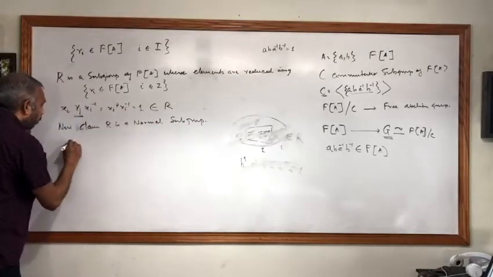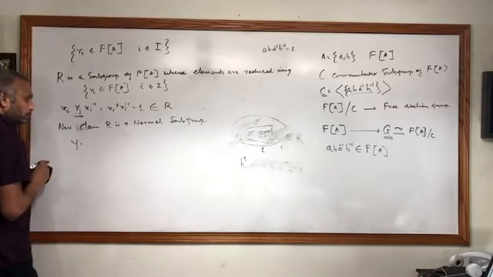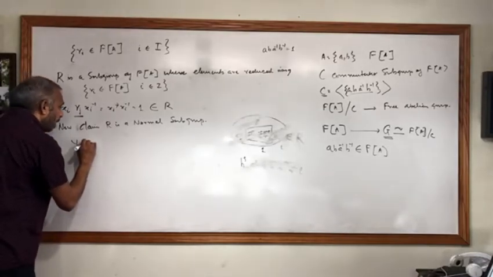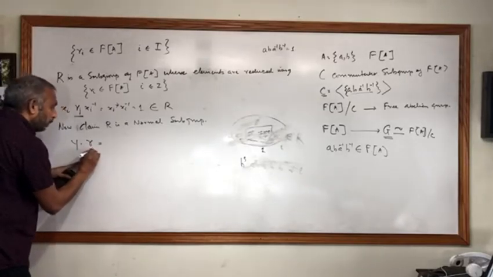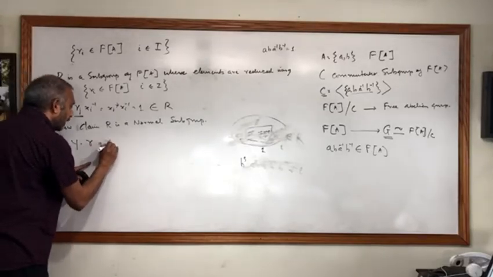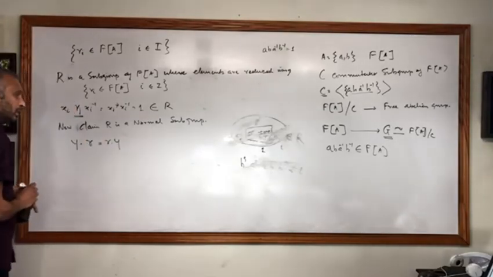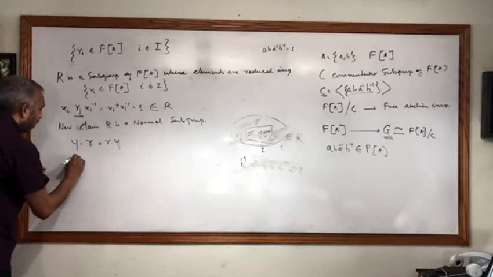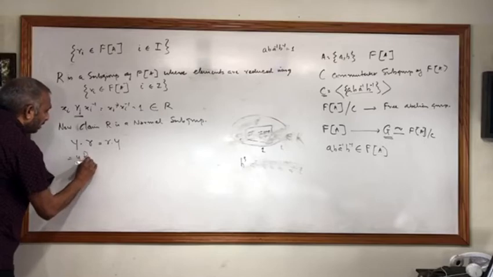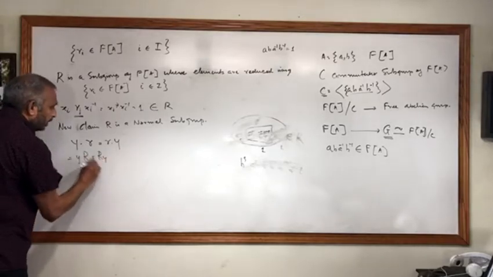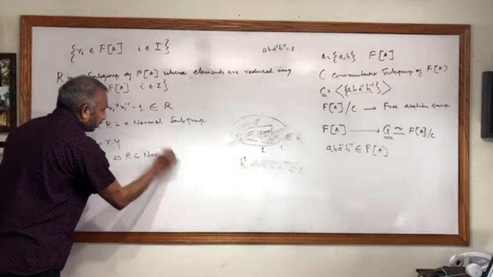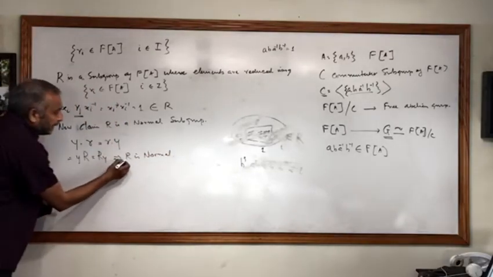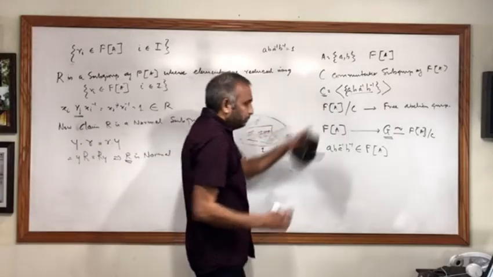So if you take a Y times an element in R, when you compute this will be 1, equal to R times Y. That means Y of R is equal to R of Y, which implies R is normal. So this is equivalent to our C.